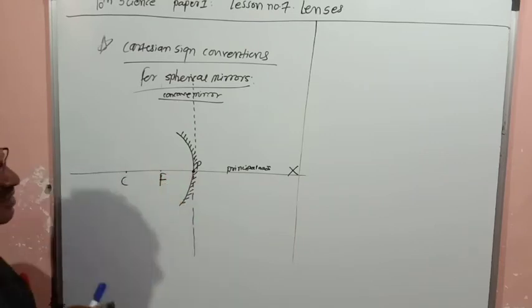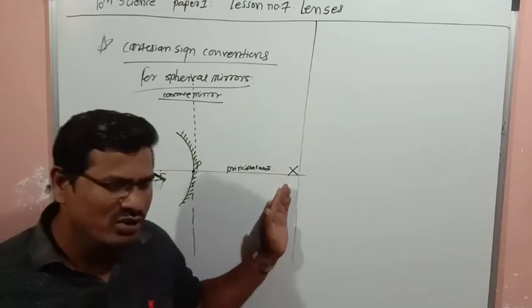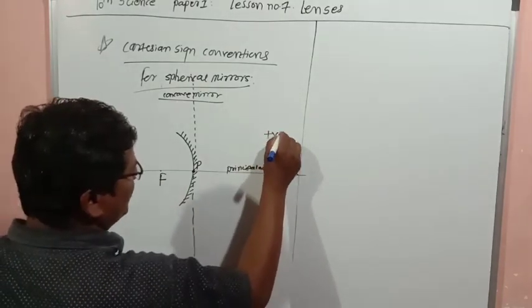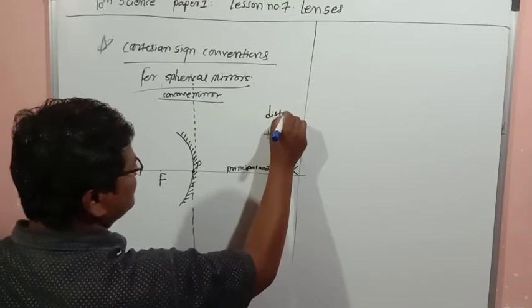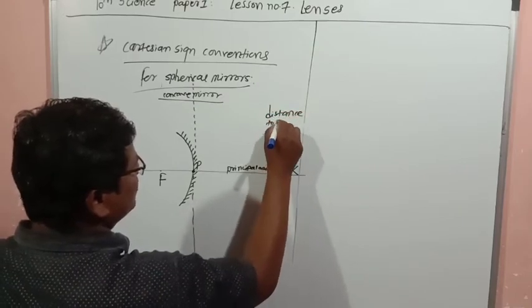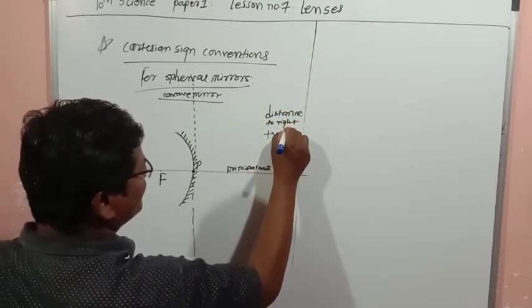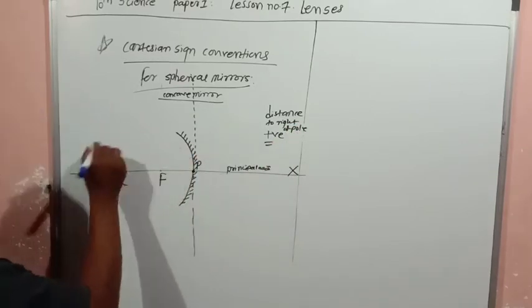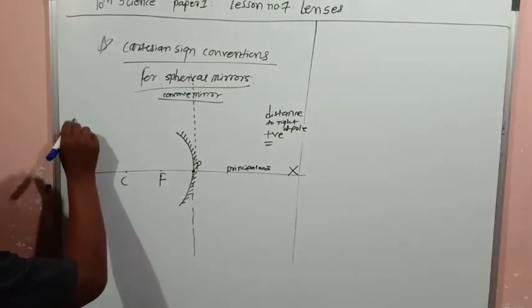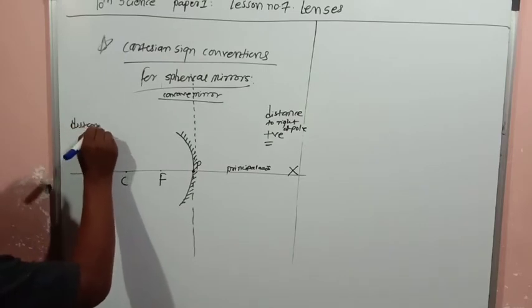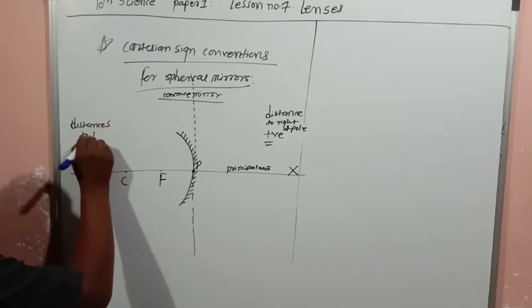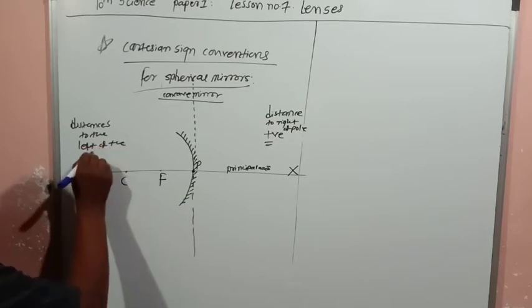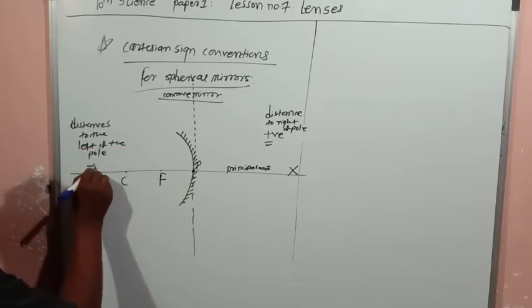Distances to the right of the pole are taken as positive. Distances to the left of the pole are negative.